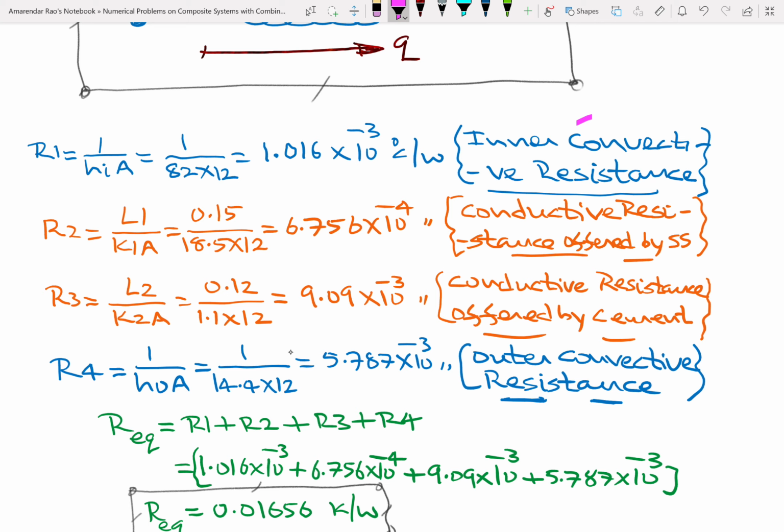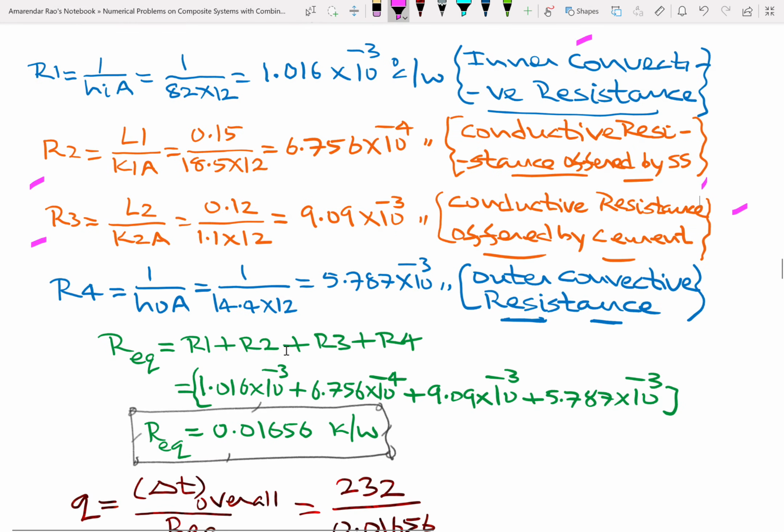That's conductive resistance offered by SS. R3, conductive resistance offered by cement, L2 by K2A. If you put the data, 9.09 into 10 power minus 3. And finally R4, outer convective resistance, which is 1 by H0A. And if you put up the data, it is going to be 5.787 into 10 power minus 3.